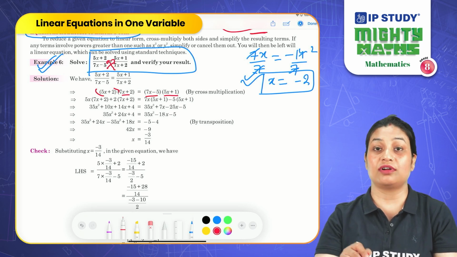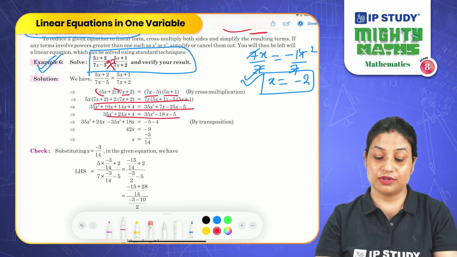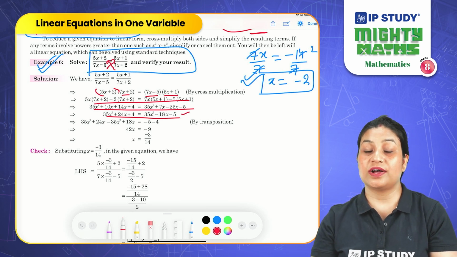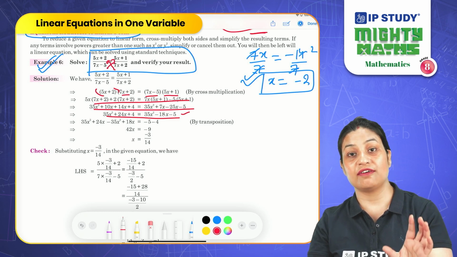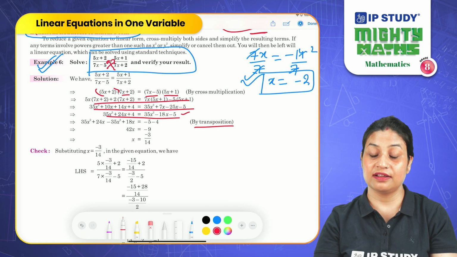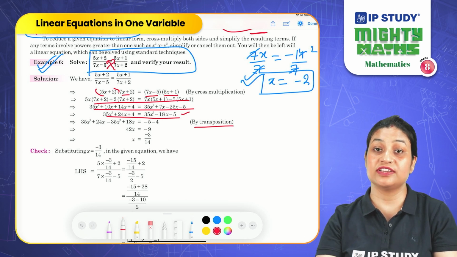Then you have to solve this. When you solve the expressions on the left hand side and right hand side, you are left with this. The next step, once you are done with cross multiplication, is to apply the transposition method, right? You have to apply the transposition method in order to solve this equation further.